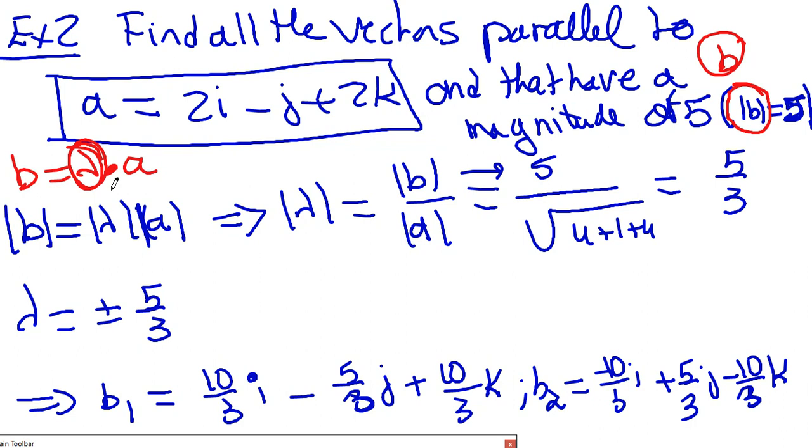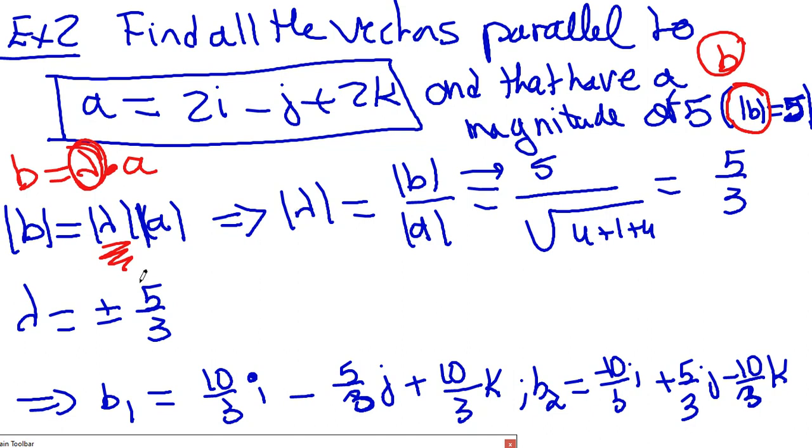I have a property that this new vector should have a magnitude of 5. So the magnitude of b should be the magnitude of lambda times the magnitude of a. My objective is to find this constant, so it's the magnitude of b over the magnitude of a. So it's 5 over radical 9, so it's 5/3. But this gives me the absolute value of lambda.